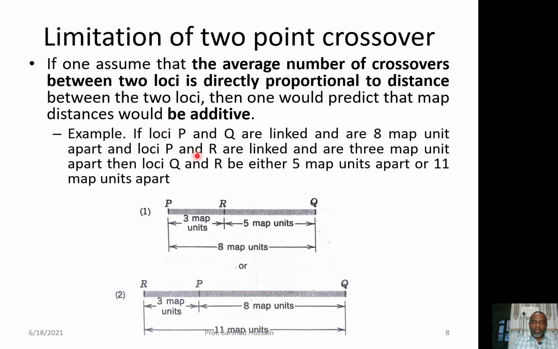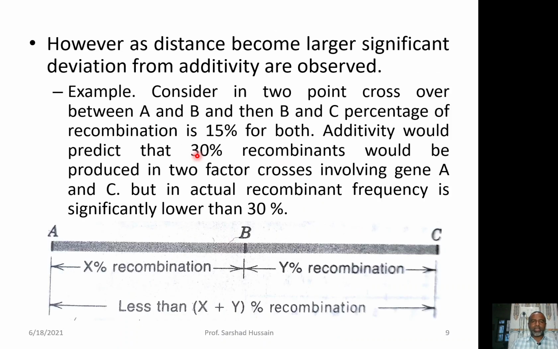But this is not exactly the case. Why? Let us see another example. Say for example, the recombinant frequency between A and B and between B and C is 15% and 15%.